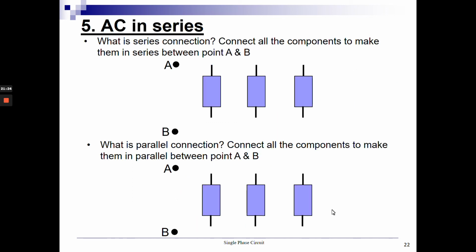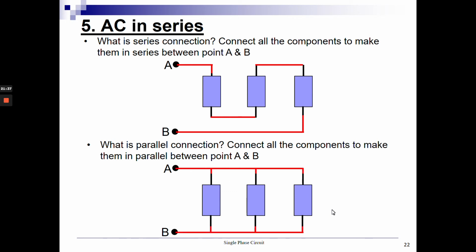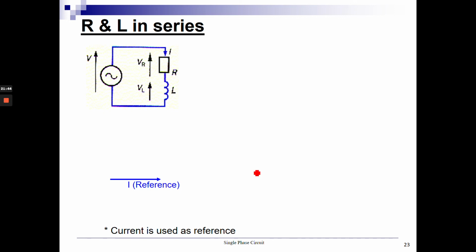Okay, and then we go to the next subtopic, which is AC in series. So this is the connection of AC in series or series circuit. And then this is the connection for parallel circuit. Okay, so first we look into R and L in series, where you have the combination between resistor and inductor in series.